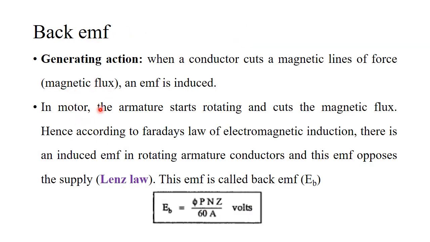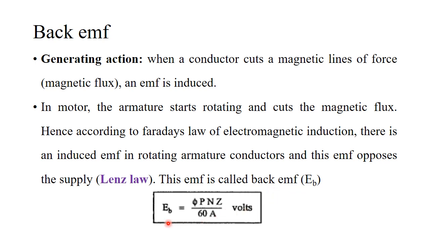In a motor, you can notice that the armature starts rotating and cuts the magnetic flux. Hence, according to Faraday's law of electromagnetic induction, there is an induced EMF in the rotating armature conductor. So there is another EMF in the armature conductor that opposes the supply, that opposes the current supplied to the armature conductors, and that EMF is called back EMF.